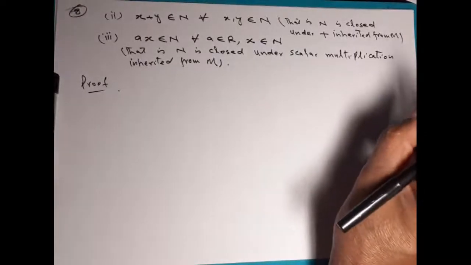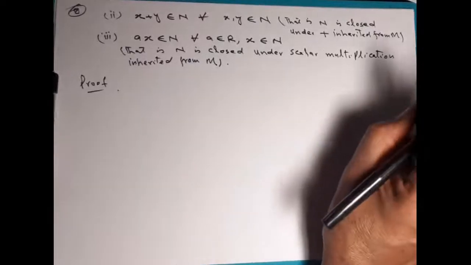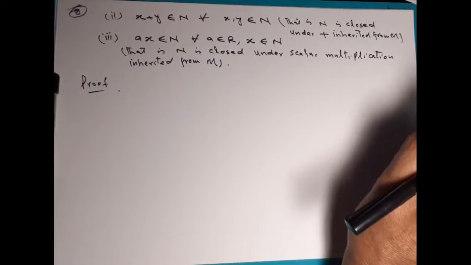So we have to prove that N is a submodule. In order to see that N is a submodule, first of all we have to prove that N is an abelian group.